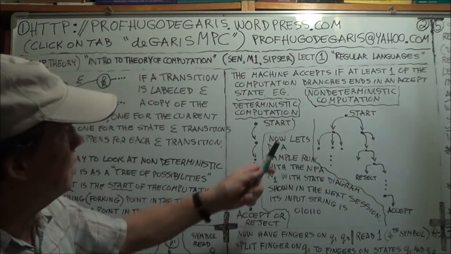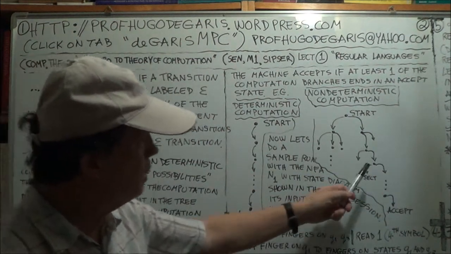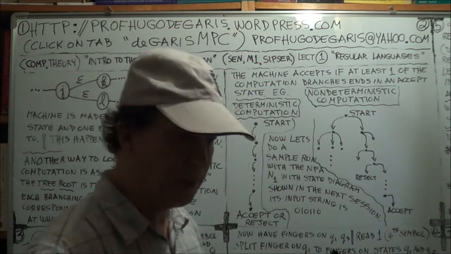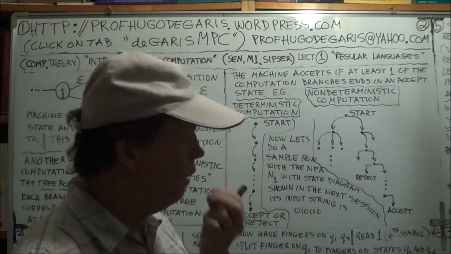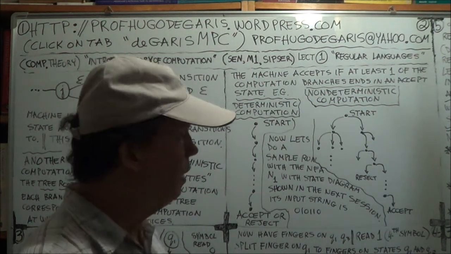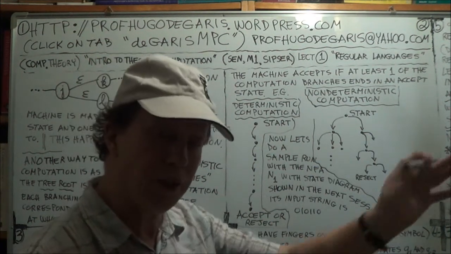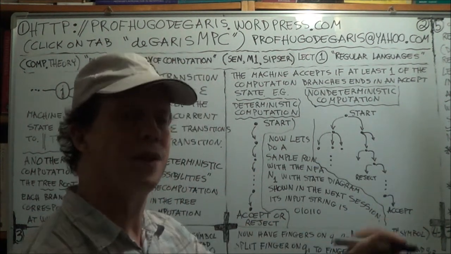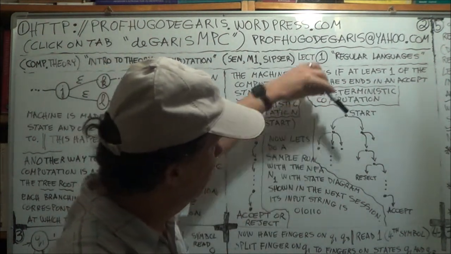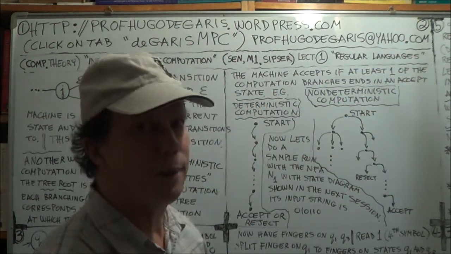Whereas in non-deterministic computation, you can get branchings, right? And each time you get a branching or a forking, you get a copy made of your machine, and you put the current state of the copy in a certain state, and then off it goes, starting with that state that you put into it. So again with time going this way, you start at your start state.